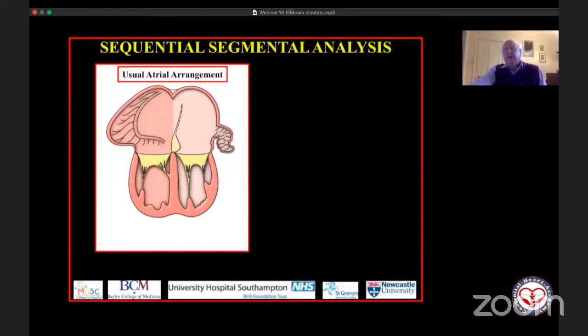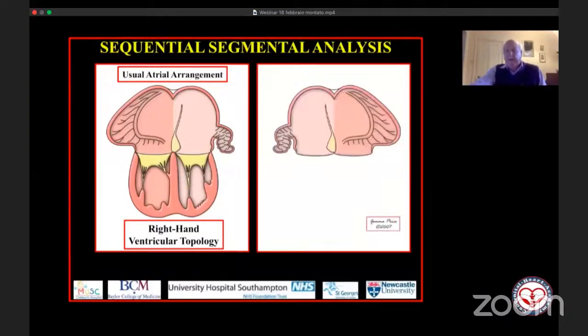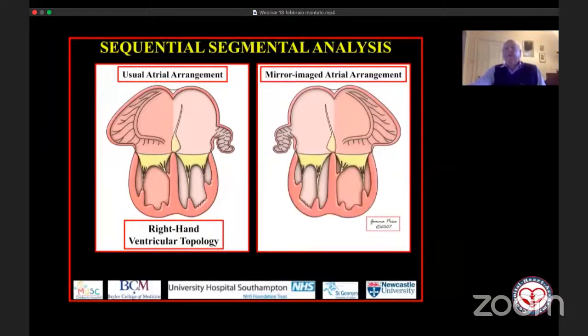And when we look at the arrangement of the ventricles within the ventricular mass, as we described to you last time, this is what we call right-handed ventricular topology. We can have the same situation, however, when we have mirror-imaged atrial arrangement, and then because the ventricles are also mirror-imaged, we have left-handed ventricular topology.